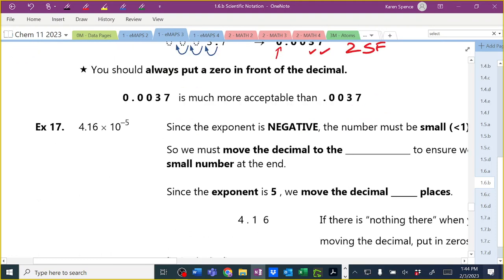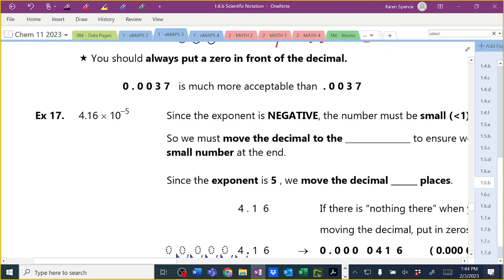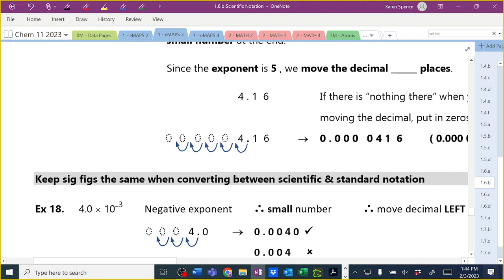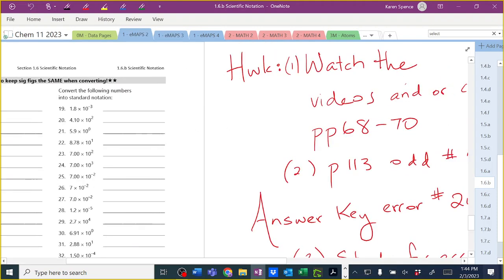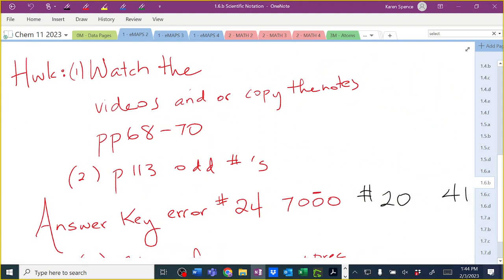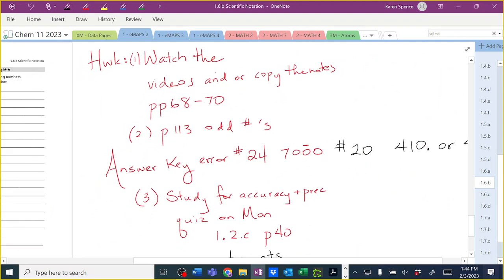Do we need another example, or are you feeling good? What do you think? Feeling good? All right. Homework, I will show you what it is by going to my other block here, because I wrote it all down. If you are away, watch the videos and or copy the notes, pages 68 to 70.